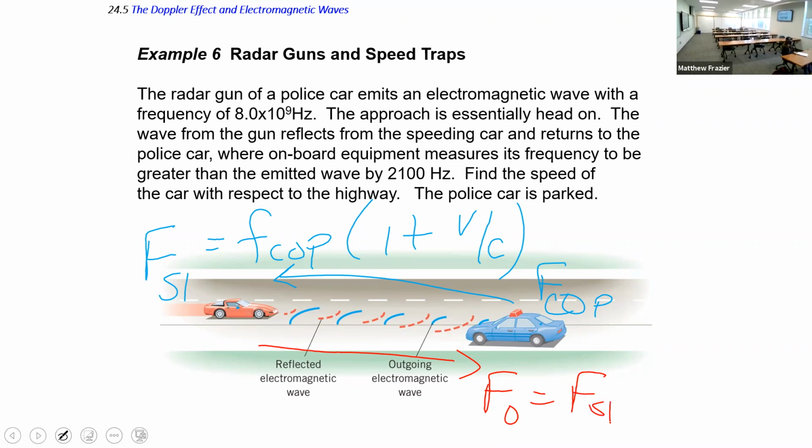Which is based on the signal that you heard times 1 plus V over C. And so you can relate these things, right?